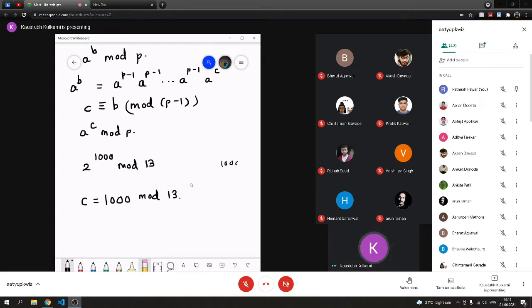If you divide 1000 by 12, you'll get 83 as the quotient.